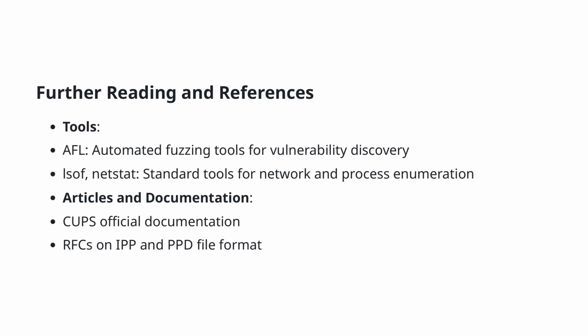As for articles and documentation, the official CUPS documentation should be your go-to source for understanding the intricacies of CUPS and its workings. Additionally, reviewing the RFCs on the Internet Printing Protocol (IPP) and the PostScript Printer Description (PPD) format will provide the technical depth needed for more advanced comprehension and troubleshooting.